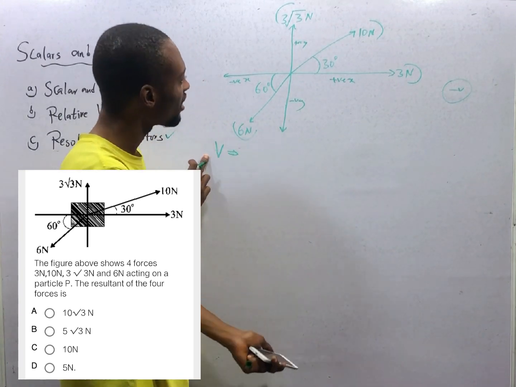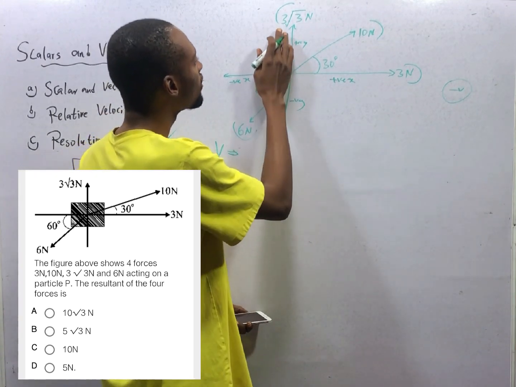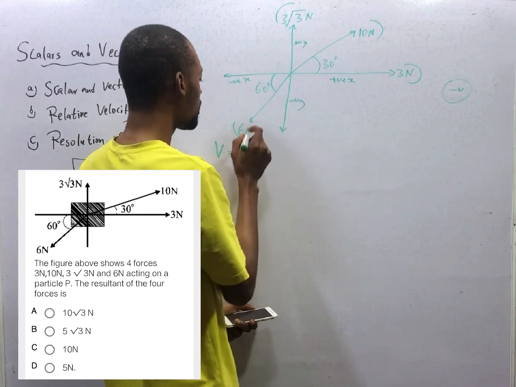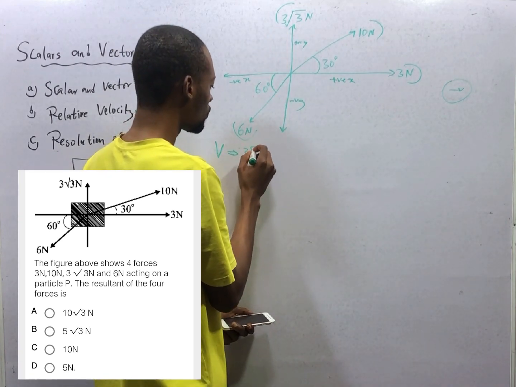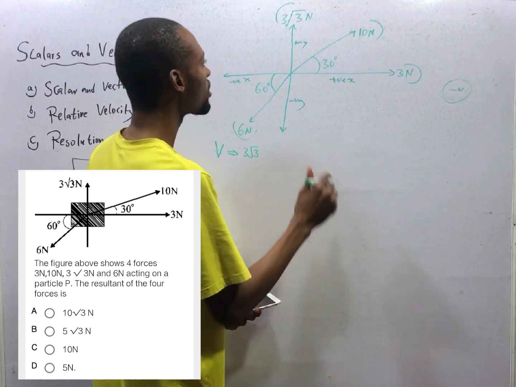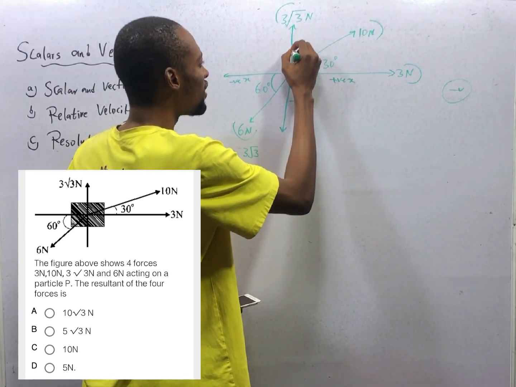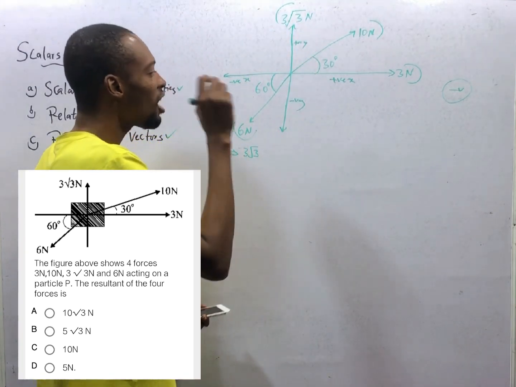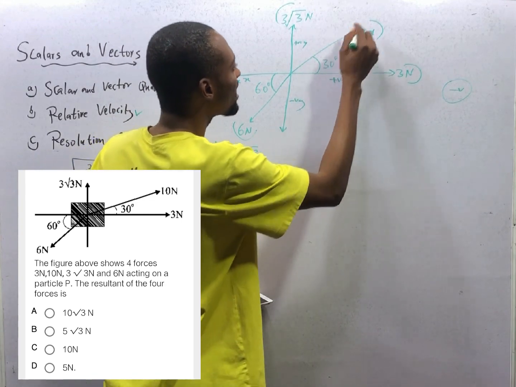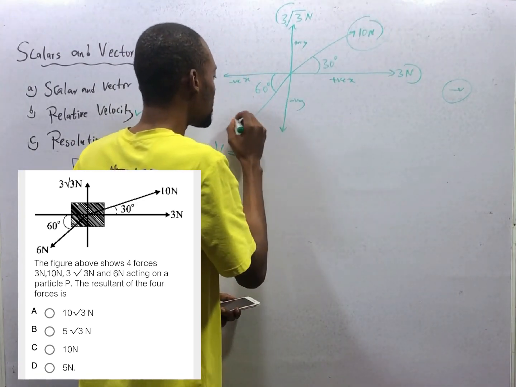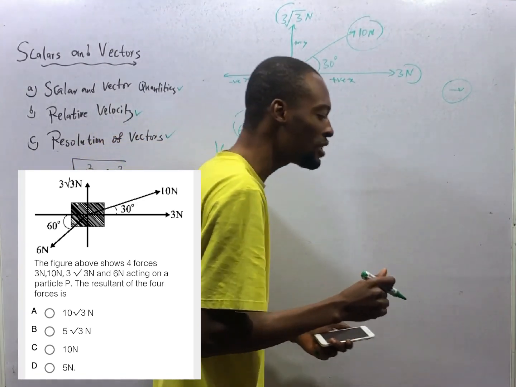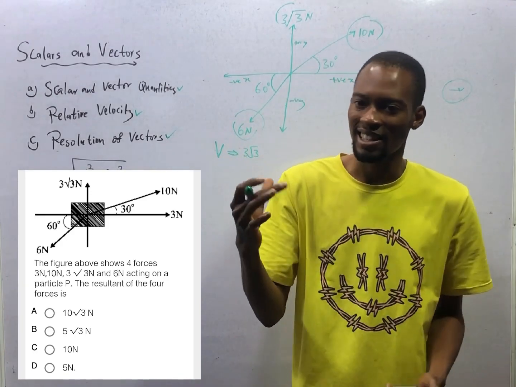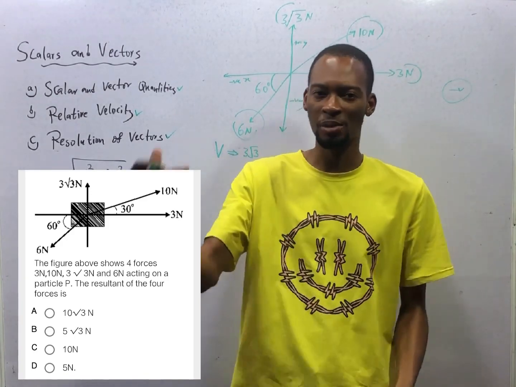For the vertical, we have 3√3. No need to resolve because it's already in this vertical. Now, this guy and this guy, since they are inclined, it means they are in 2 axes. They are both in the vertical and in the horizontal axis.